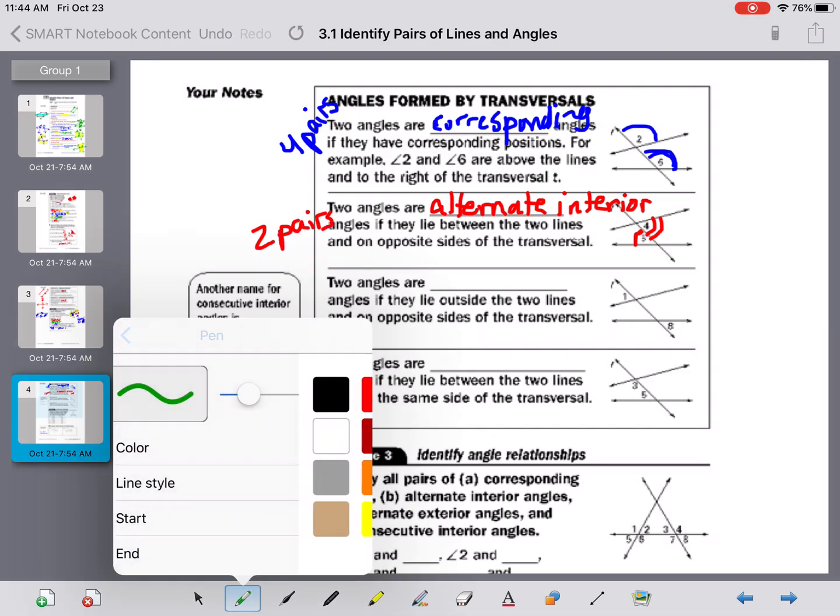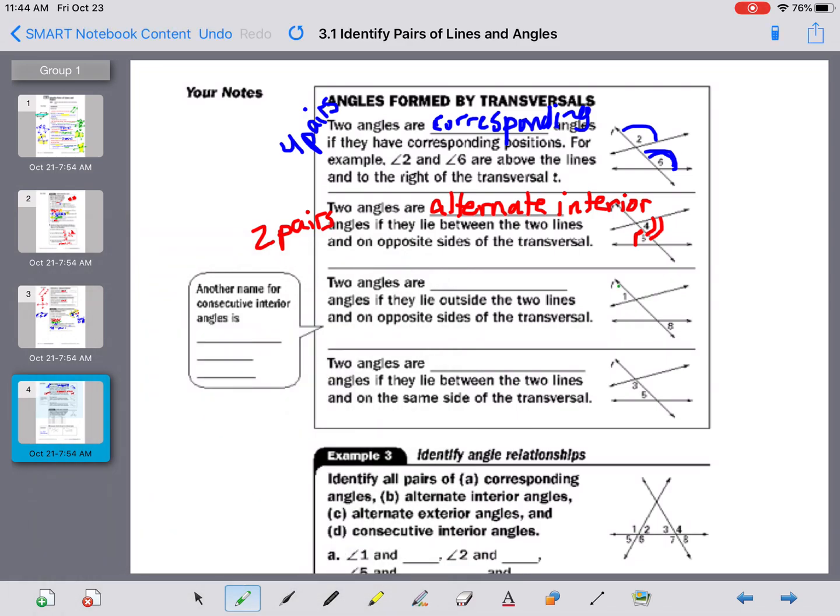All right, next one. Two angles, if we look at these, they're outside on opposite ends. So we call these alternate exterior angles, if they lie outside the two lines and on opposite sides of the transversal. So they're alternate exteriors, outside on opposite sides. There's two pairs again on that, right?